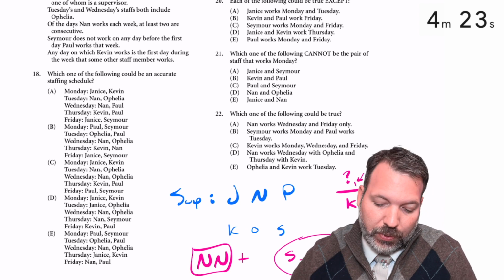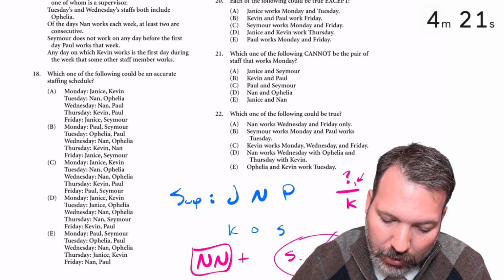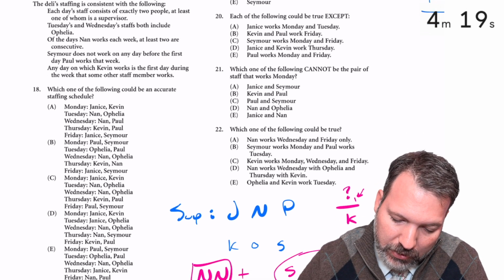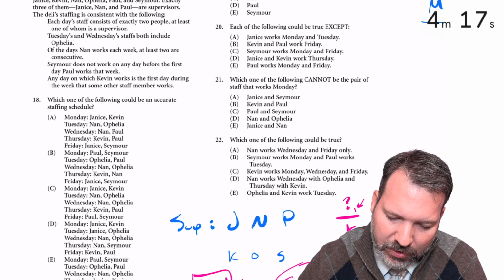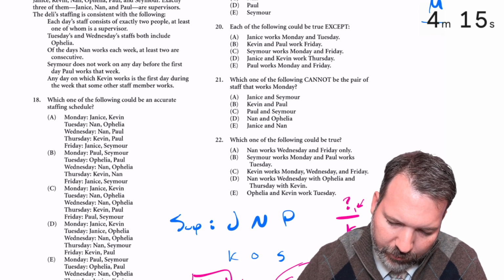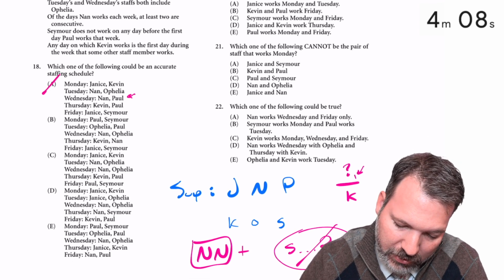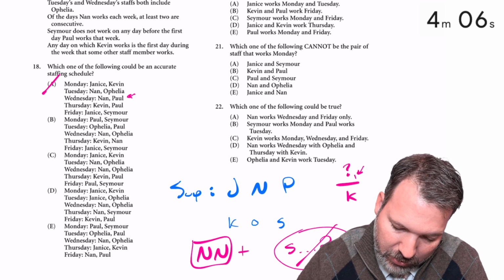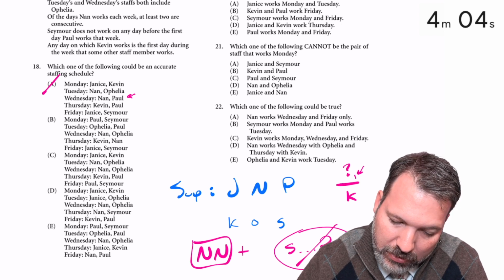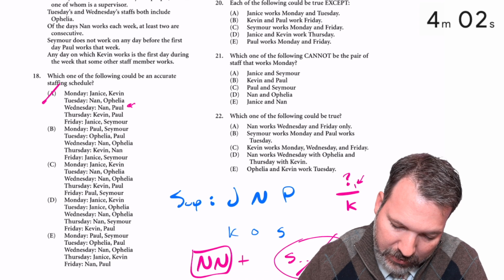18, fortunately, is a pick a clue style question. Which one of the following could be an accurate list? I'm going to save the supervisor clue because that seems harder to look for. But Tuesday and Wednesday both include Ophelia, so A is out because there's no Ophelia on Wednesday. B is good, C is good, D is good, E is good. Okay. Nan has to be consecutive somewhere.